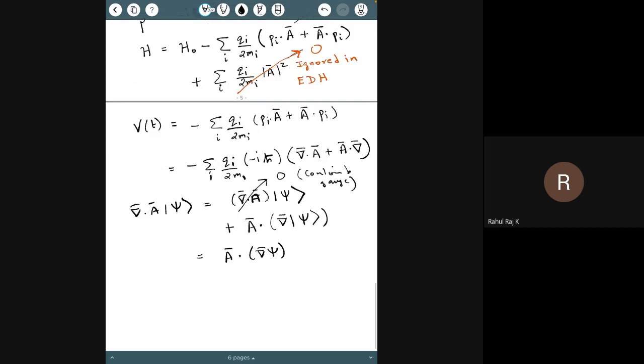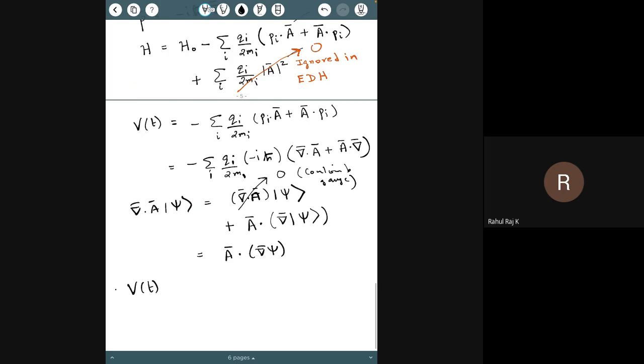And if I want to, then I can simplify V(t) as minus I q_i by 2m_i, then minus i h-bar cross, so I can say this is A dot p. Okay, fine.